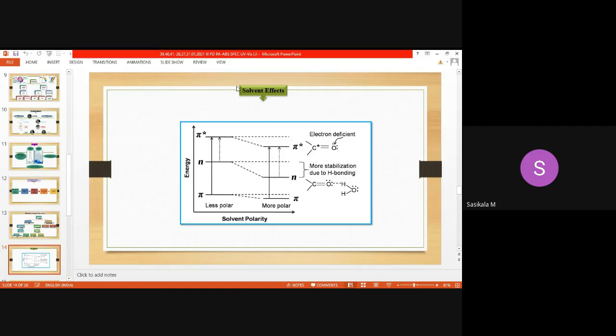So this is how solvents affect your electrons by forming hydrogen bonding, where the lone pair of electrons present in the heteroatom forms intermolecular hydrogen bonds.